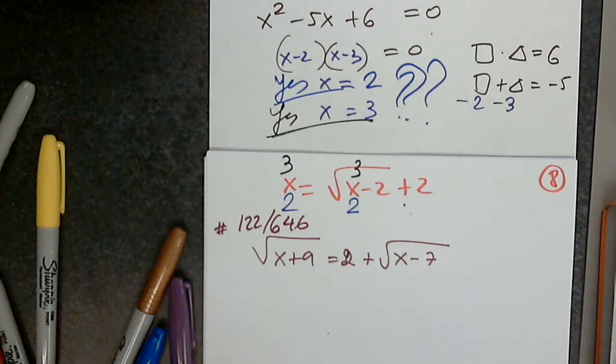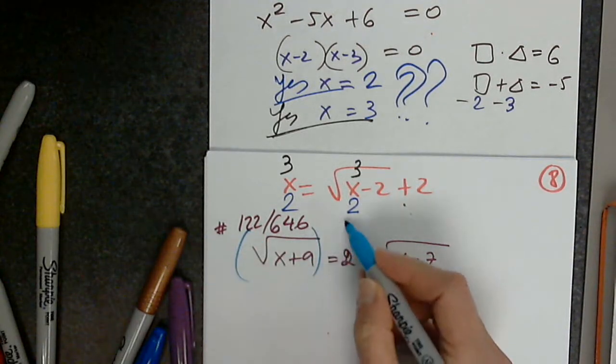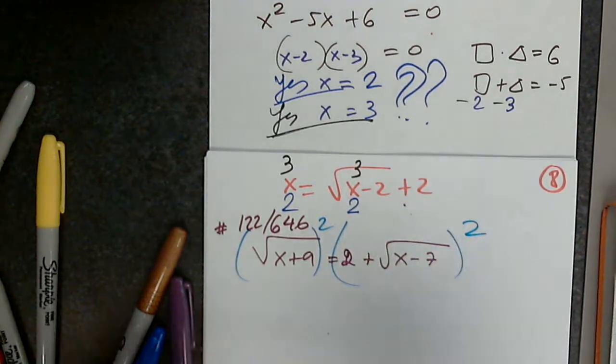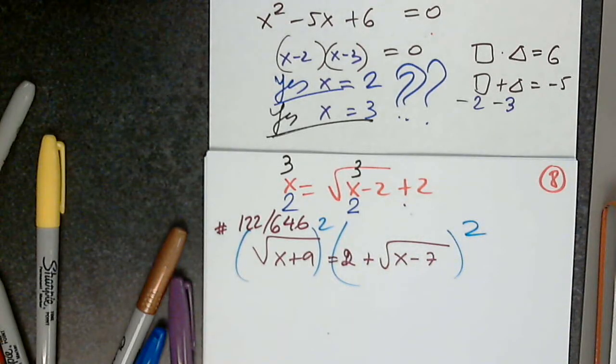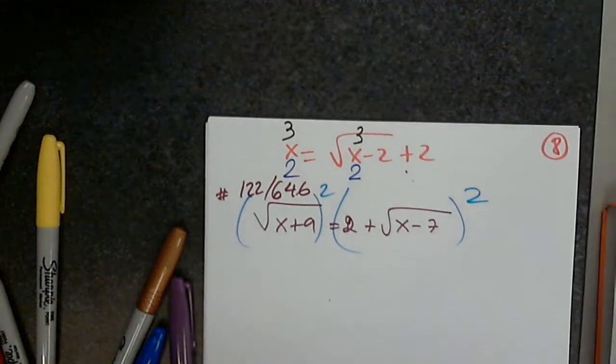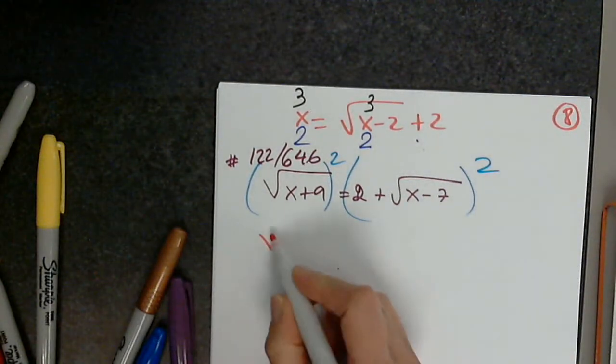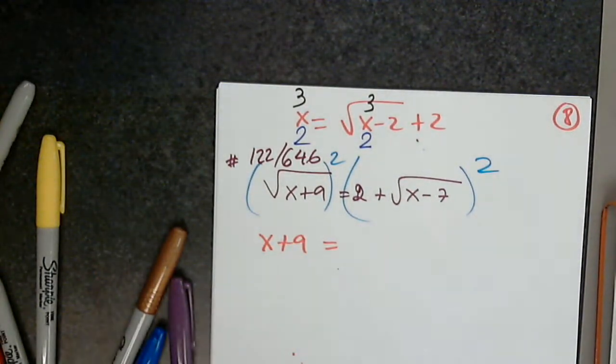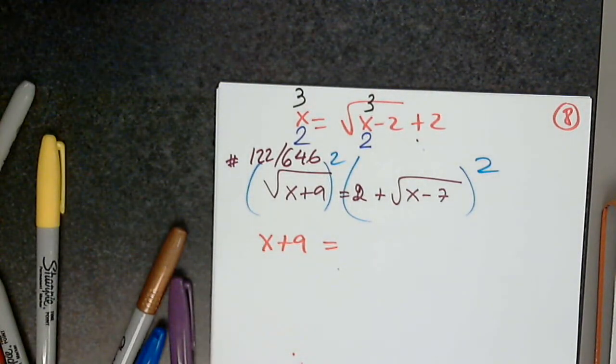Not term by term, but as a whole unit. Square. Good. When I square the left-hand side, that's not a problem. What do I get? Perfect. But when I square the right-hand side, that's not easy.